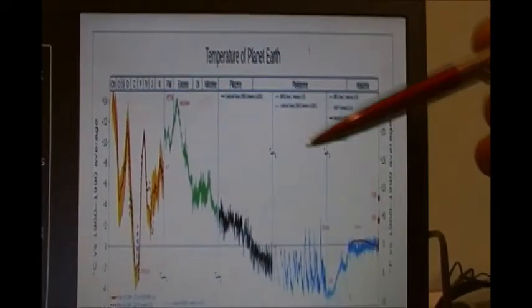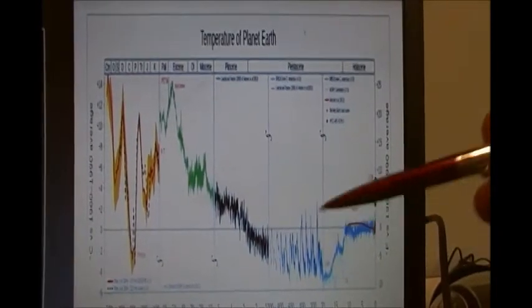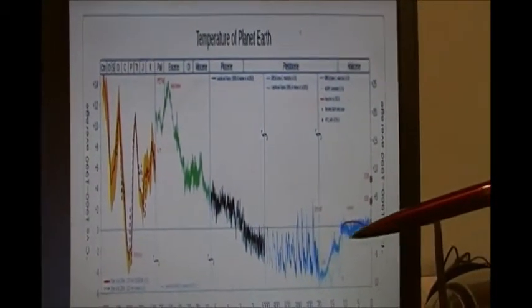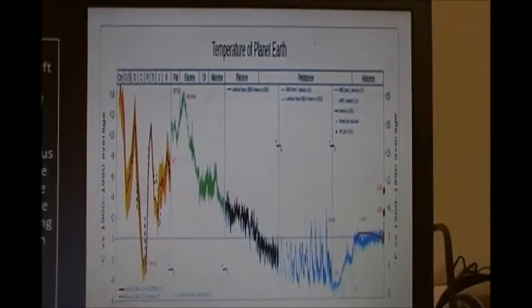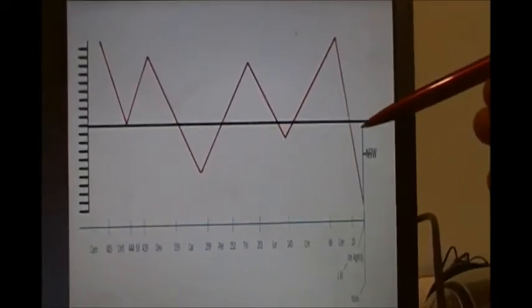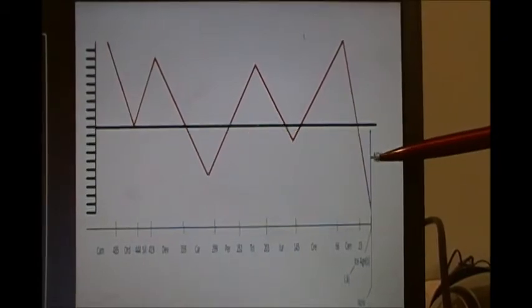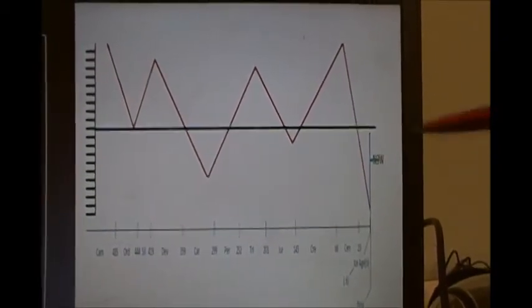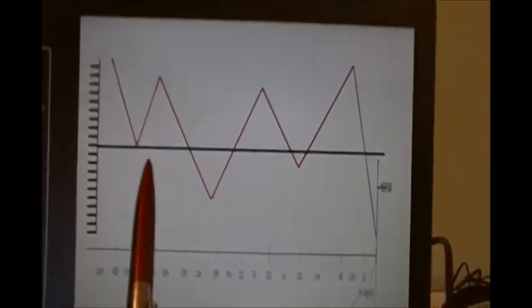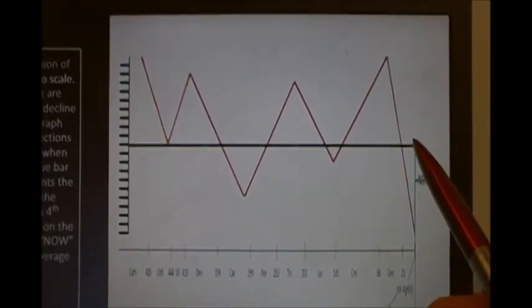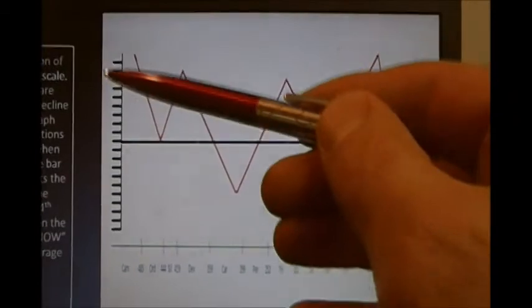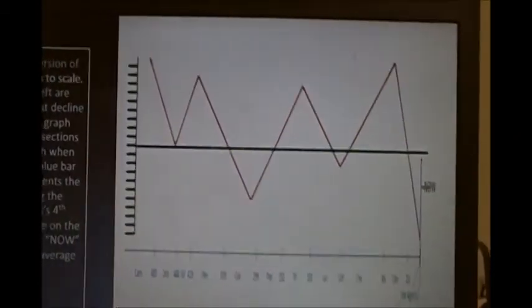So this fluctuation in this area from here to here, when it's drawn to scale, is this vertical bar right here, and our temperature right now is right there. Now the midline of all the temperatures is the black line, and each of these notches represents 1 degree up and 1 degree down.